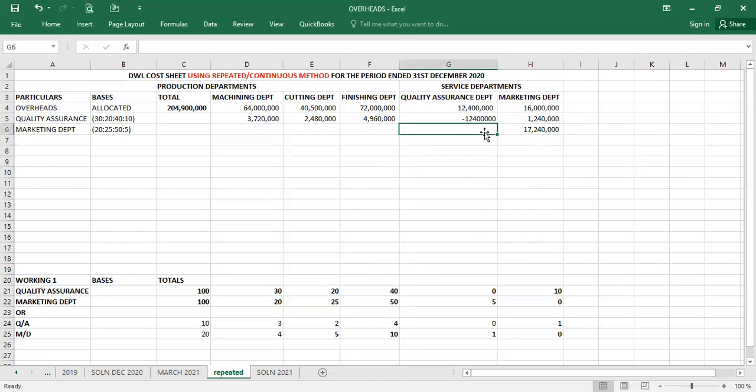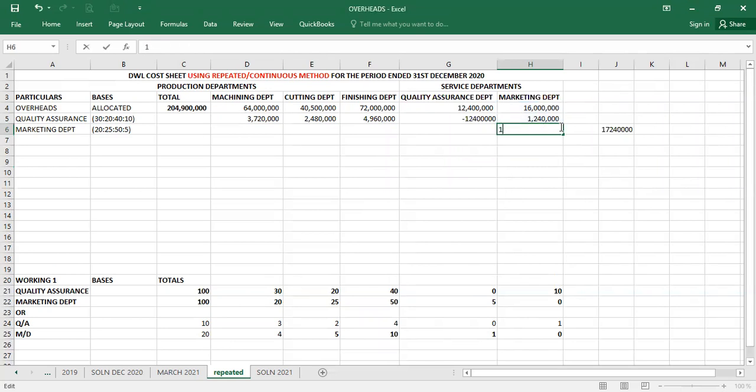We can keep this total here so that we get 1,724,000. Because when we keep it here, we can point here. We can't put it in the bracket because we computed that using the formula, so we can remove that.